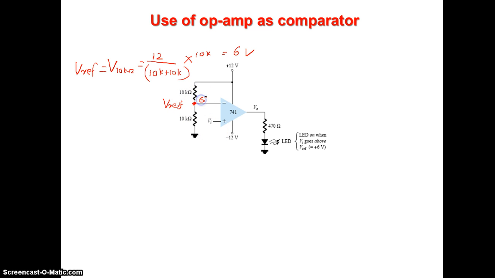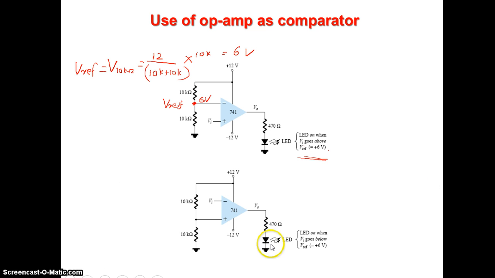Now whatever be the input, you will compare against the reference voltage 6 volt. If your input is greater than 6 volt, the output will be plus VZ. At that time, plus is connected to the LED, so the LED will be on. So remember, if Vi is above V reference 6 volt, the LED will be on.